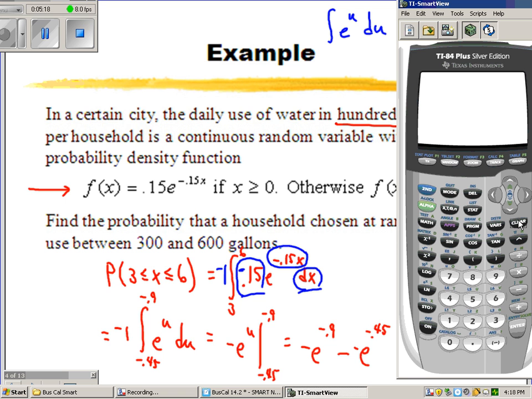So I'm going to use my exponential function, a negative, minus e to the x of negative 0.9, close my parentheses, and then plus e to the negative 0.45. Close my parentheses, I get approximately 0.23.